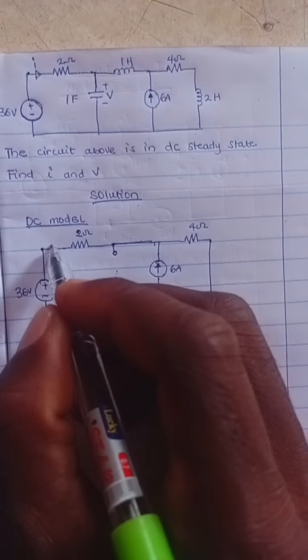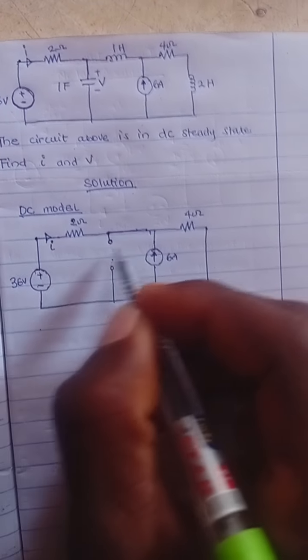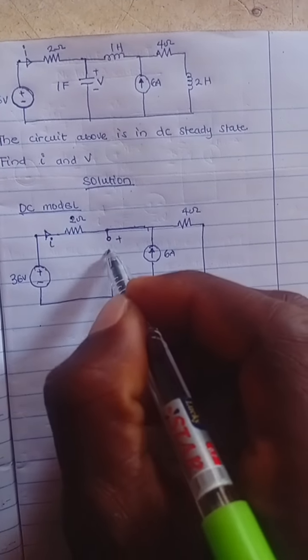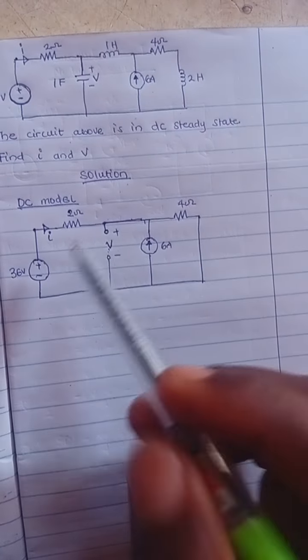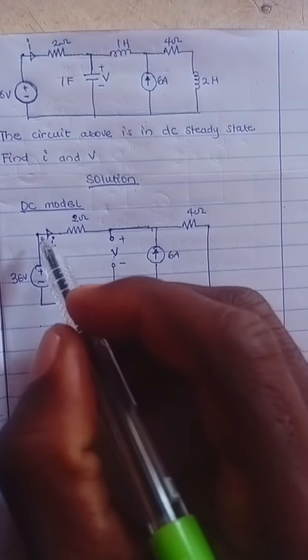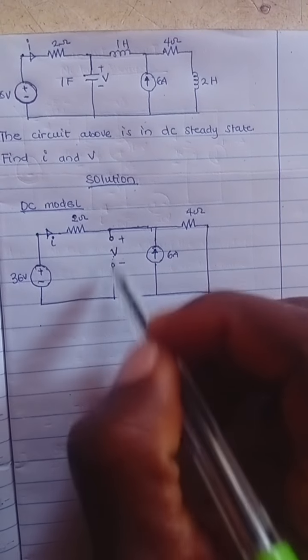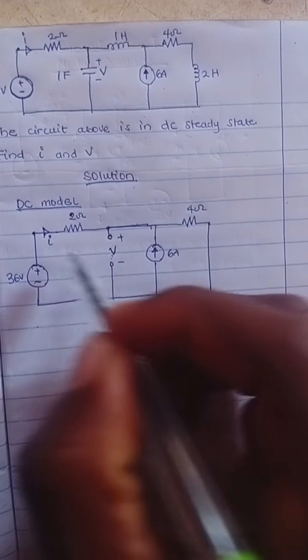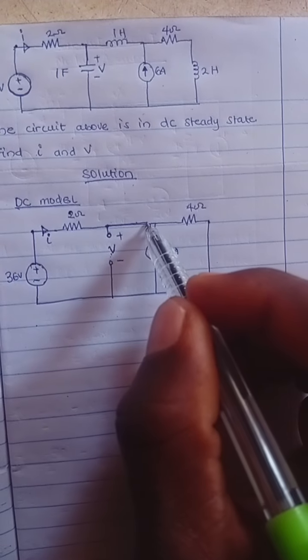We are asked to find this current I here, and the voltage V across it. This is quite a simple case. I is a current passing like this, and since there is an open circuit here, no current flows there. So whatever current flows here continues up to this point.